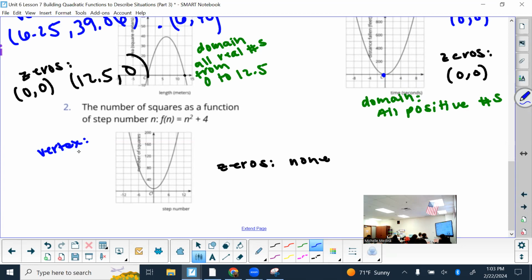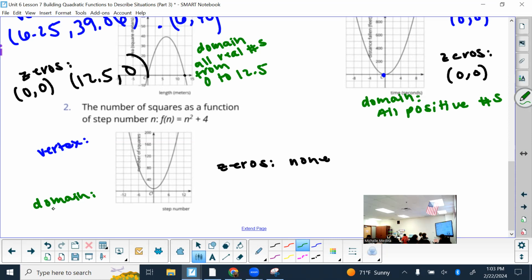So then table 6, what's going to be my reasonable domain for this situation? We're talking about the number of squares as a function of the step number. Well, just think about it. Domain refers to all the what in a function?